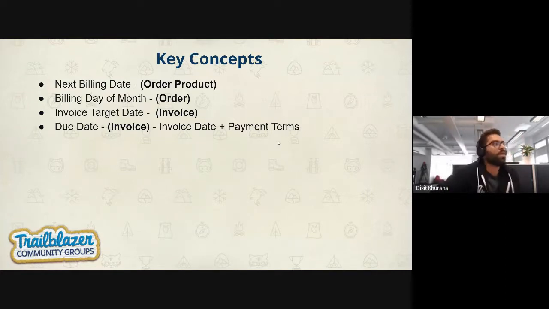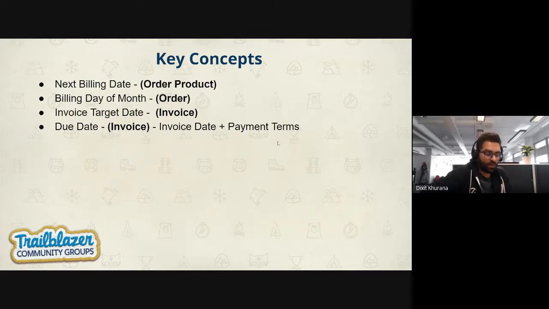Invoice target date and due date are interrelated with each other. For due date, there is a field on the quote level, payment terms, with values like net 30, net 45, net 60.